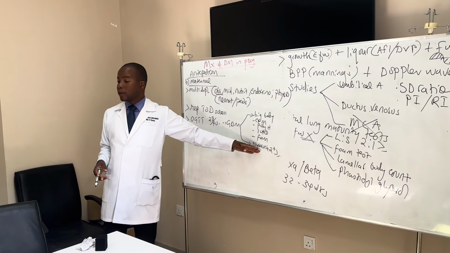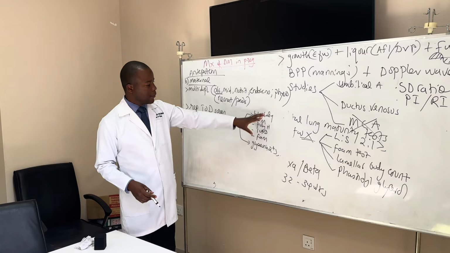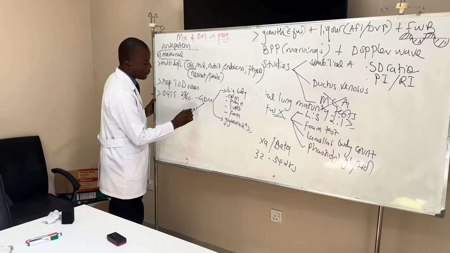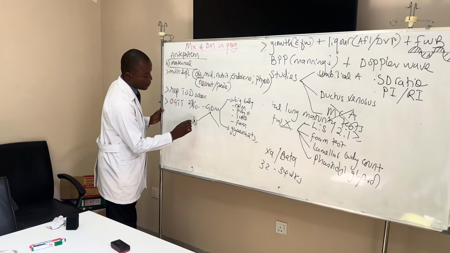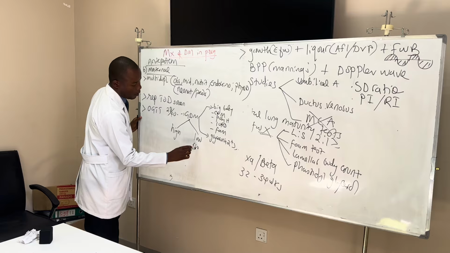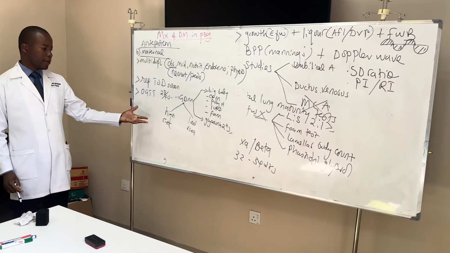But it shouldn't be gross glycosuria. So, this put together makes diabetes have two categories, or in terms of risk, there's high risk and low risk.